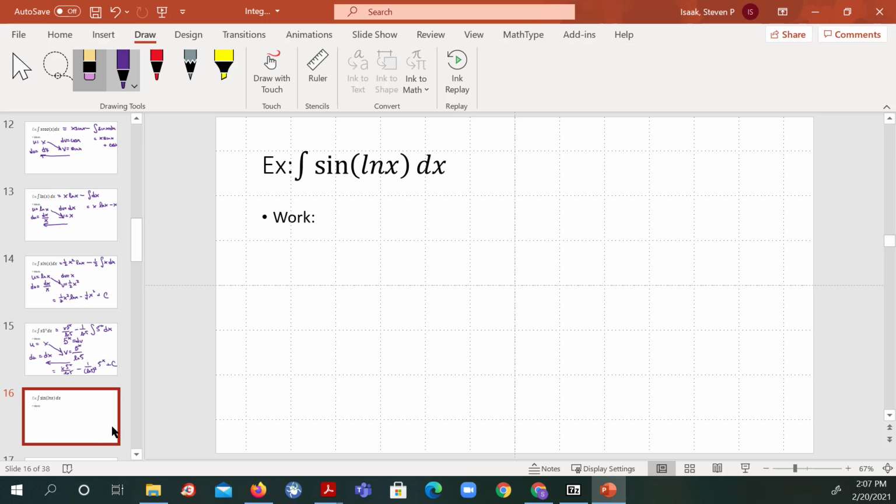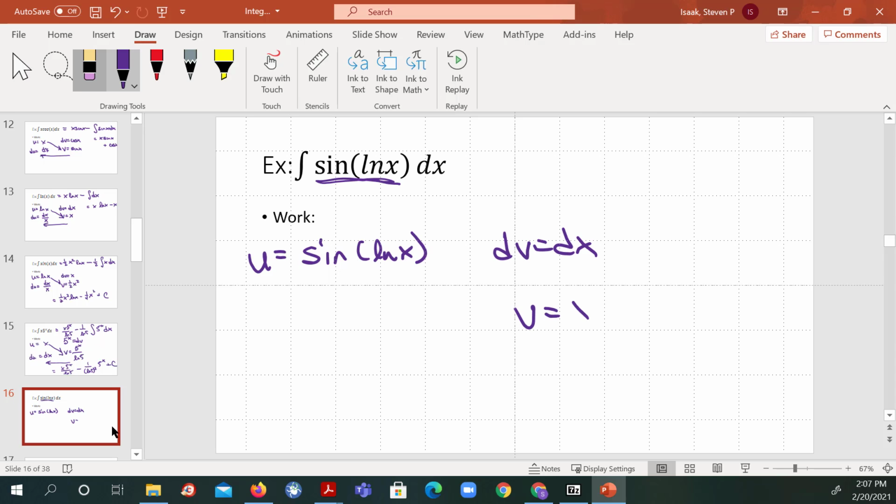And this one is an interesting one. I've never done this one before. I looked at this like, woohoo, this looks interesting. This is an interesting complication. So I'm going to let u be the sine of the natural log of x, and I'm going to let dv be dx.